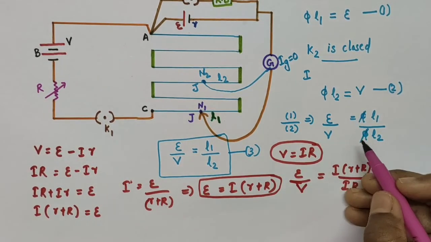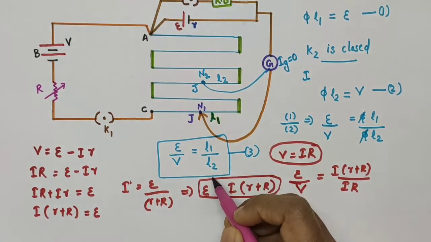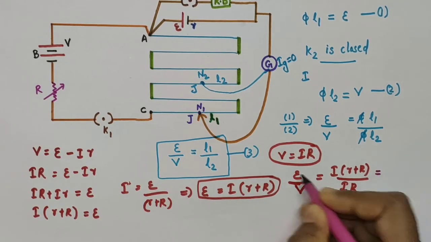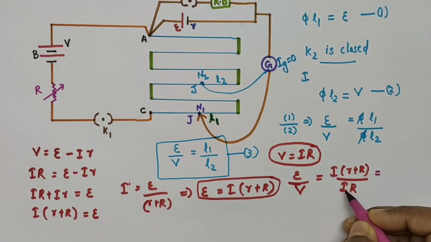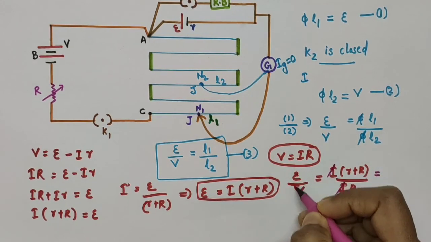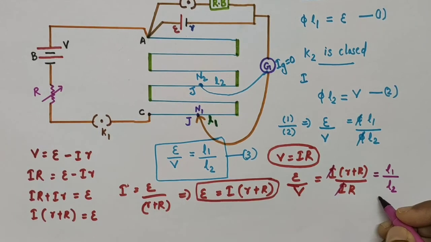From equation number 3, we got E by V as L1 by L2. So we can write L1 by L2 equal to E by V, equal to I into R plus r divided by I into R. This I can be cancelled.